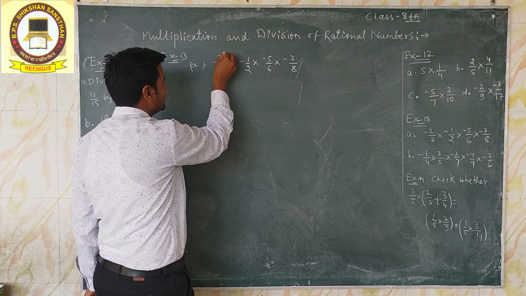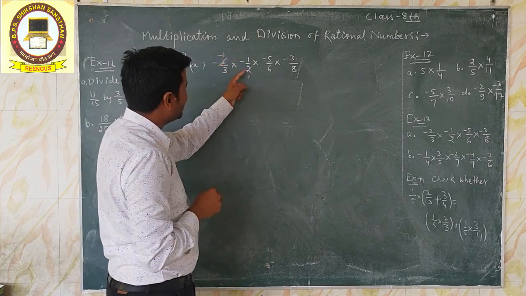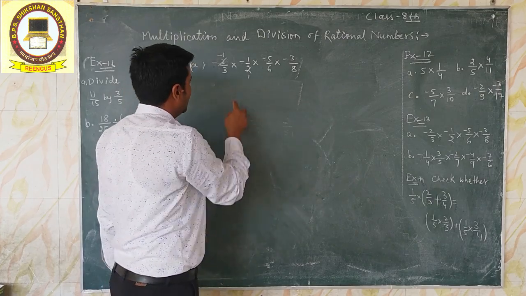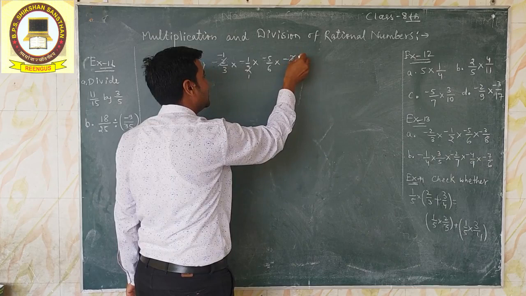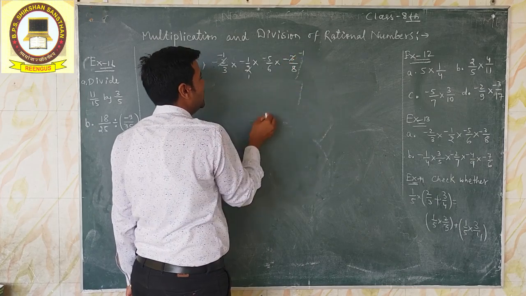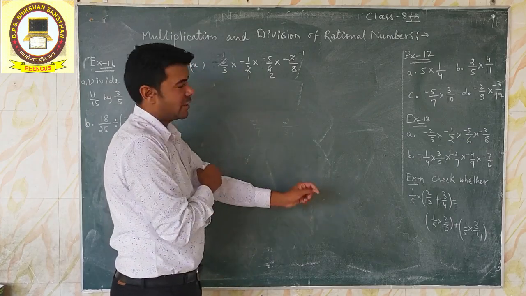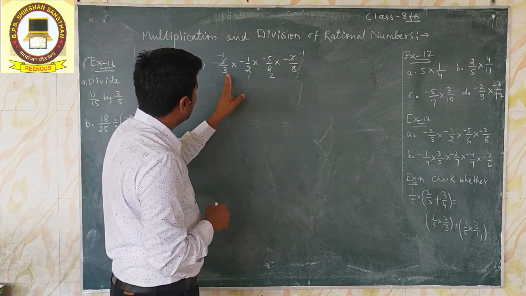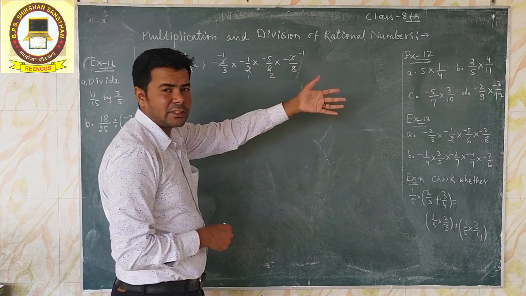Minus 2 and 2 can be divided by 2, so these cancel. Minus 3 divided by 3 gives minus 1, and 6 divided by 3 gives 2, right? Now this question cannot be simplified further.